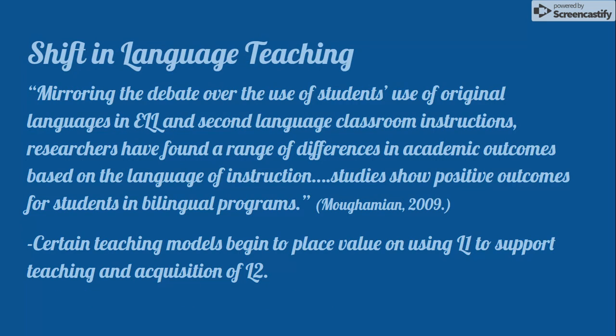Now, however, we're going to be considering a shift in language teaching or a different side to this debate. So for me, before I began studying ESL and bilingual education, I was only aware of these core principles that I just talked about with Krashen: comprehensible input, implicit grammar teaching, and pretty much total elimination of a student's first language.